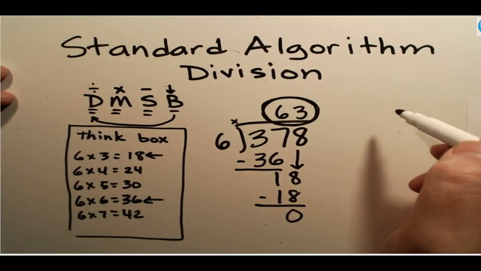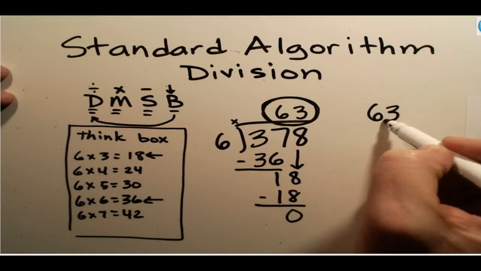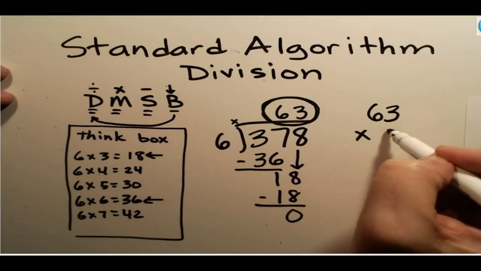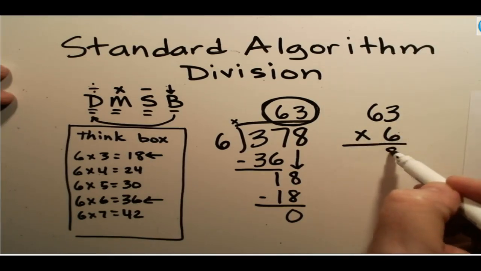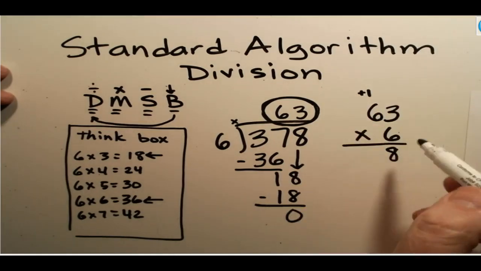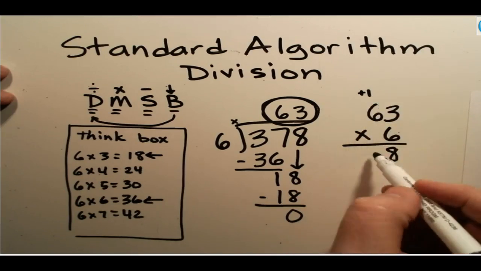Now, if I want to check my work, here's how I do it. I take my quotient of 63, and I multiply it times my divisor, which is 6. I know that 6 times 3 is 18. I regroup 1 here. 6 times 6 is 36, plus 1 more is 37.